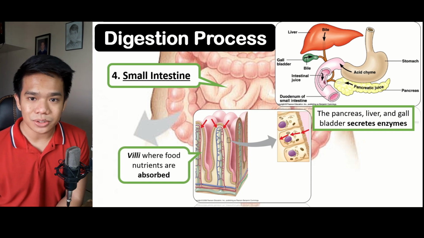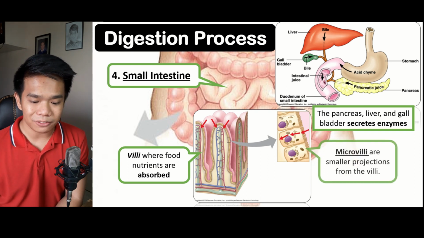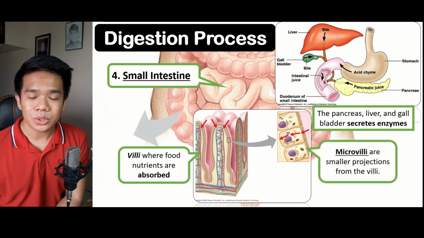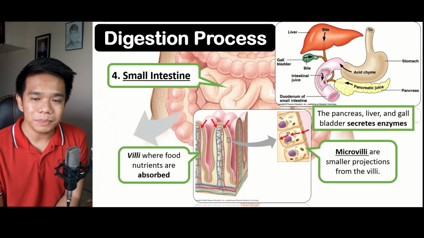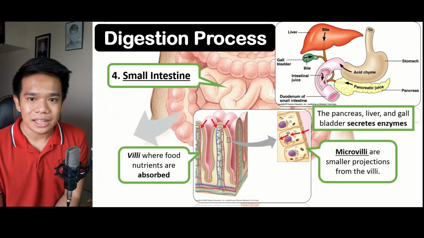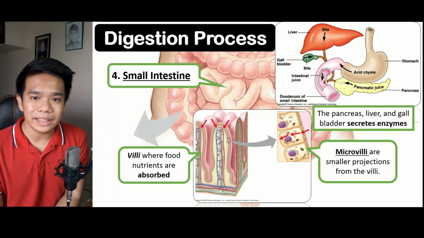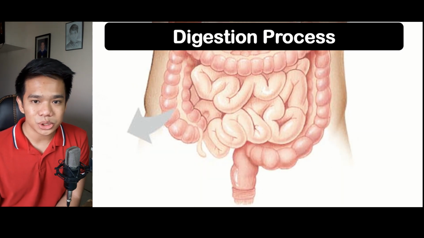So the villi are the structures within the walls of the small intestines that help for the absorption of nutrients. So within the villi, we can also find the microvilli, which are smaller projections than the villi. What happens in the small intestine is that not all of the food is absorbed as nutrients. Now, there is still some remaining undigested food, and that is now transported into the large intestine.